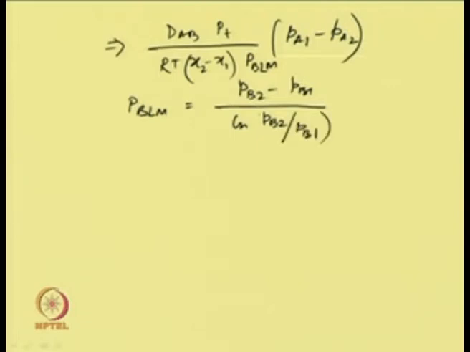This is the partial pressure difference. So, this is the flux equation of a component A through non-diffusing B.